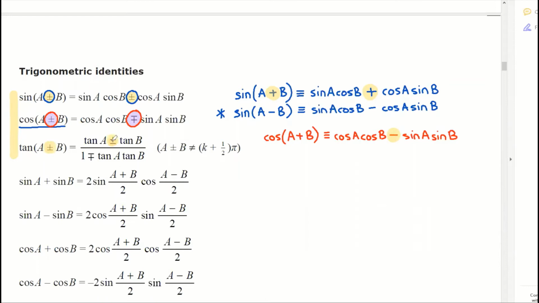So the plus will correspond in the numerator between here and here, but notice in the denominator it's reversed. So the tan of A plus B would have 1 subtract tan A tan B in the denominator. Okay, so I hope that's clear. So now we're going to move on to the derivation of these identities, which is going to be very exciting.